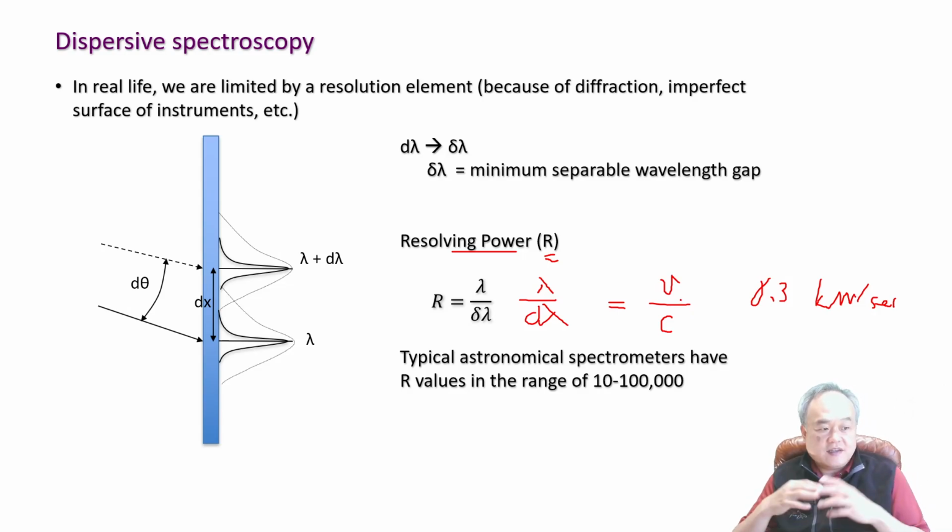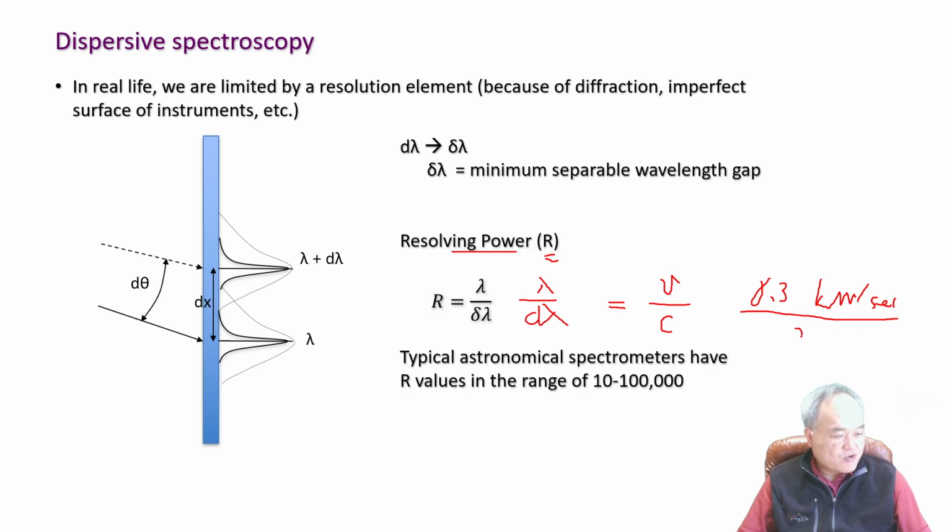This is the typical precision one should obtain to observe a Jupiter-like exoplanet in orbit around a star. Then 0.3 kilometers per second versus 300,000 basically gives about 1 million resolving power.